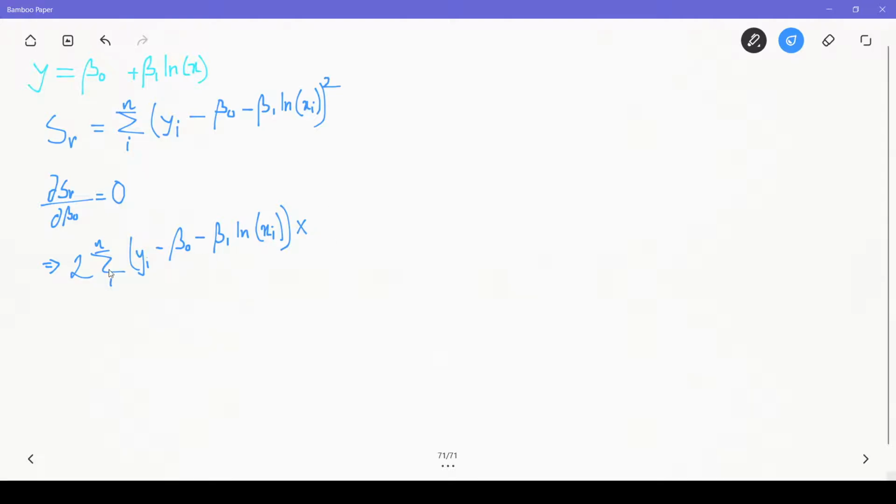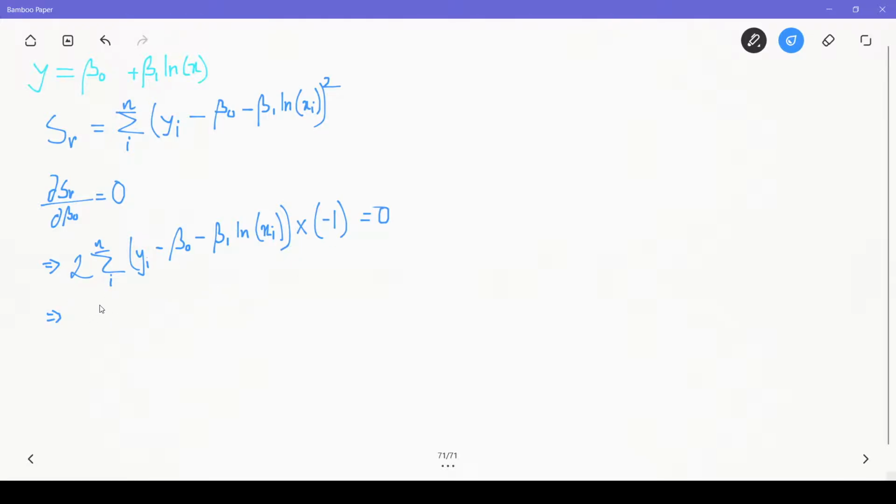So what do we have? We are differentiating with respect to beta naught, right? So beta naught is over here, implicitly multiplied with the minus 1, right? So we'll just bring out this minus 1 and set it as 0. Okay, fine. So now we can basically cancel these 2 and minus 1 out, because it's basically the same as dividing both sides by minus 2, right?